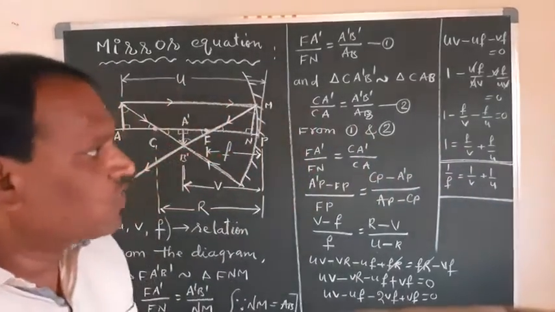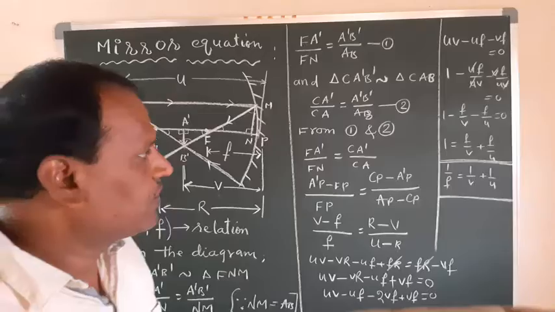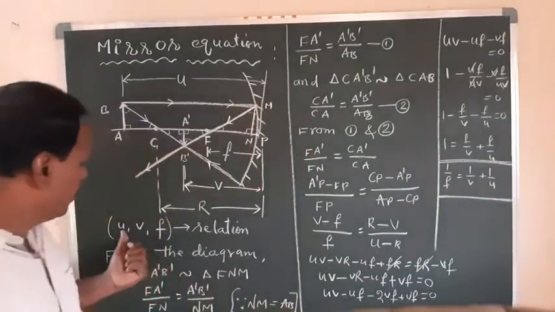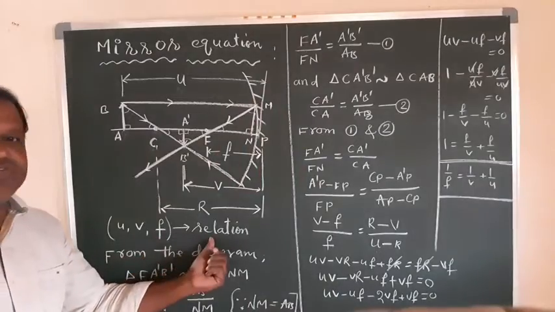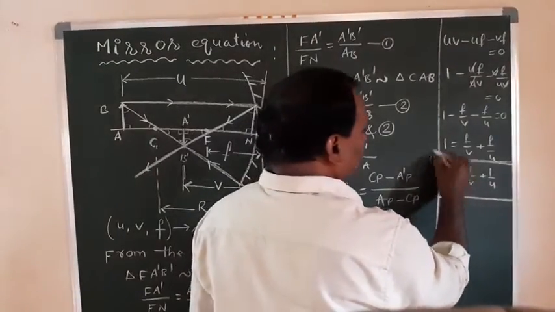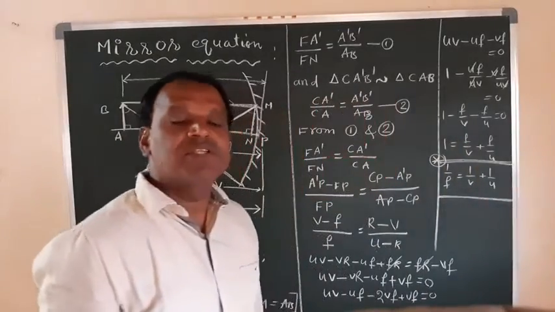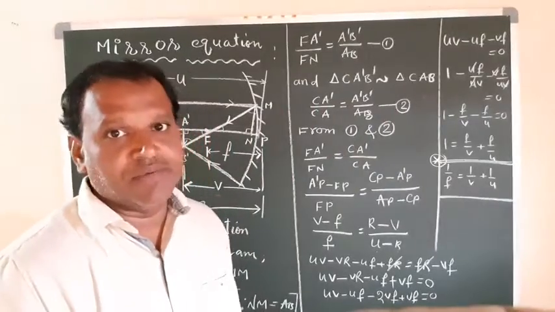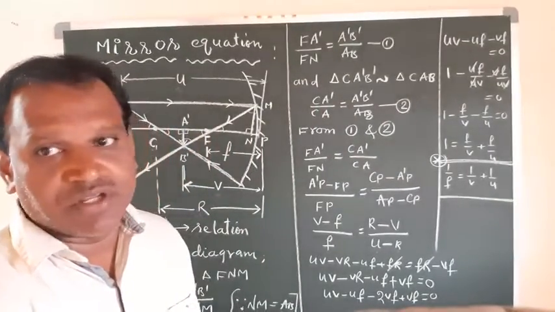So here what you got is the relation between U, V and F. That is what I said here, U, V, F. This relation we wanted to get. So that equation is 1 by F is equal to 1 by V plus 1 by U, which is called the mirror equation. What is that? Mirror equation, right?